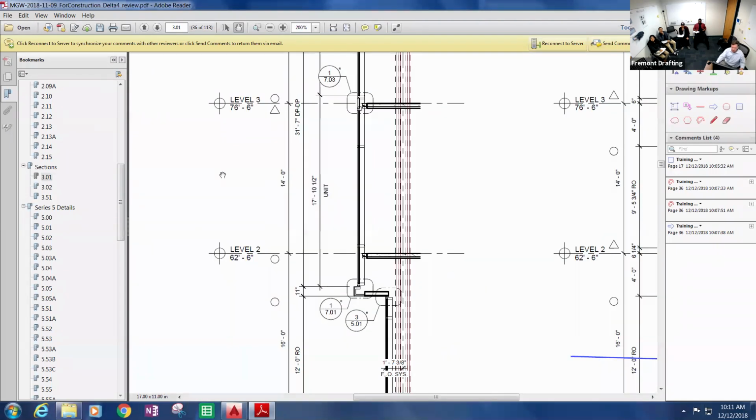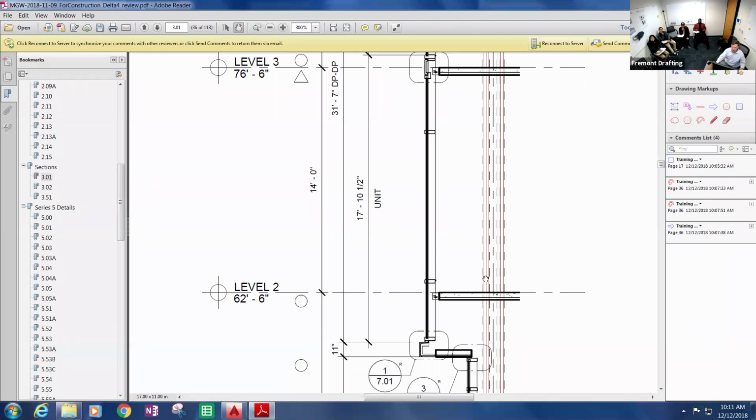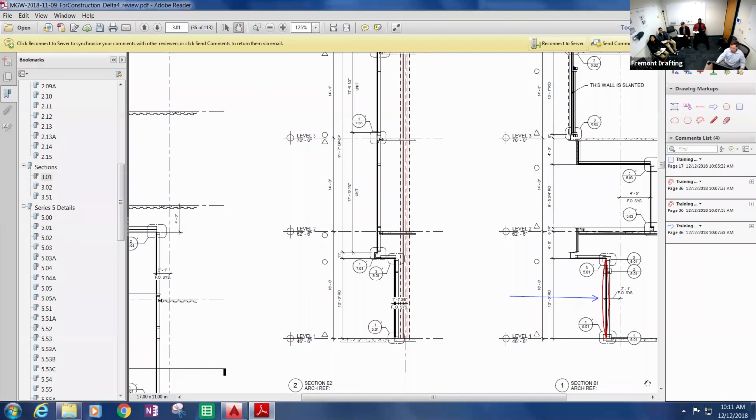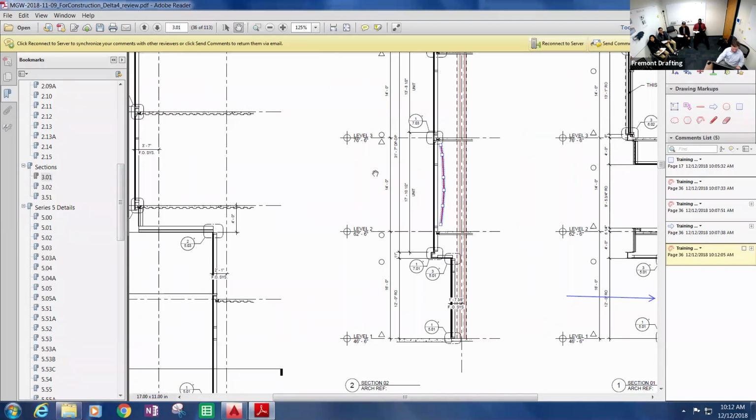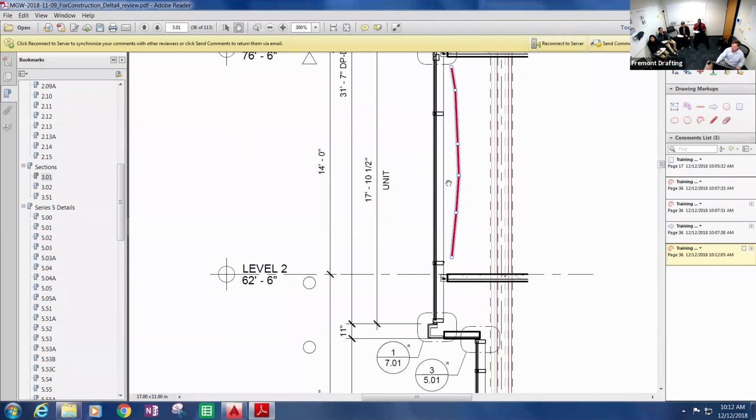So yeah, in this vertical mullion here, you see it's got a 14-foot floor to floor. So as we're analyzing this mullion for its deflection, I'm allowed to actually go over that 3/4 of an inch number a little bit, just because it's greater than 13 foot 6.